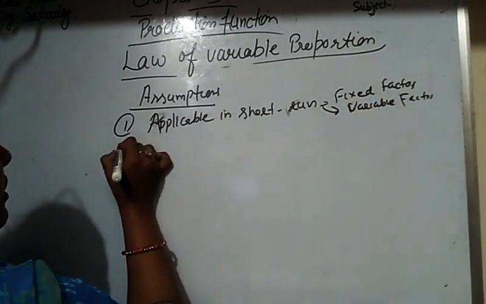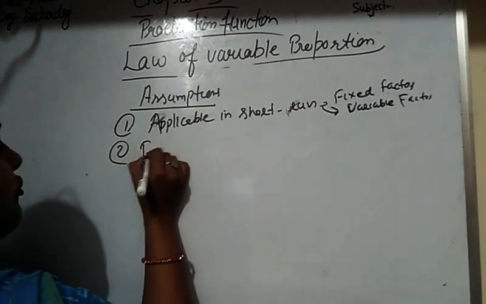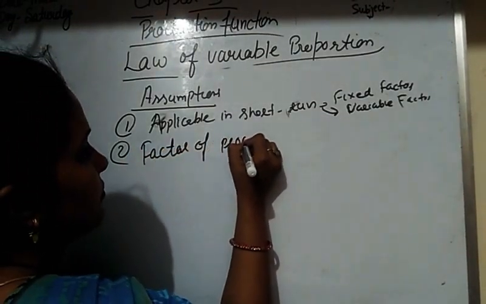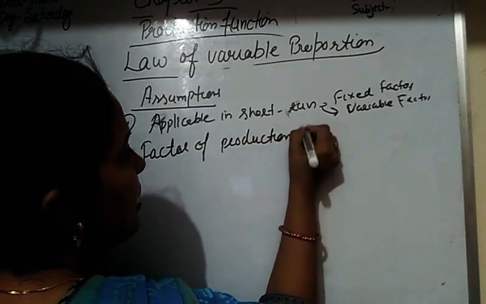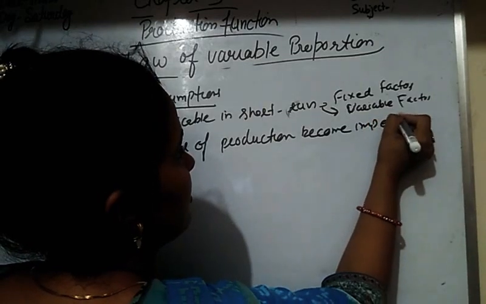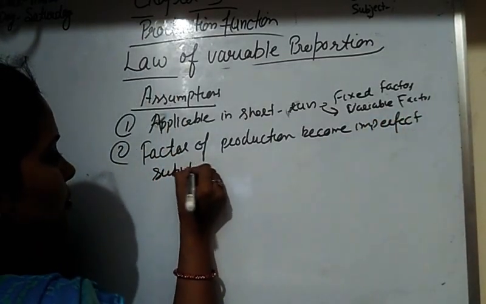Second, it is assumed that factors of production are imperfect substitutes.